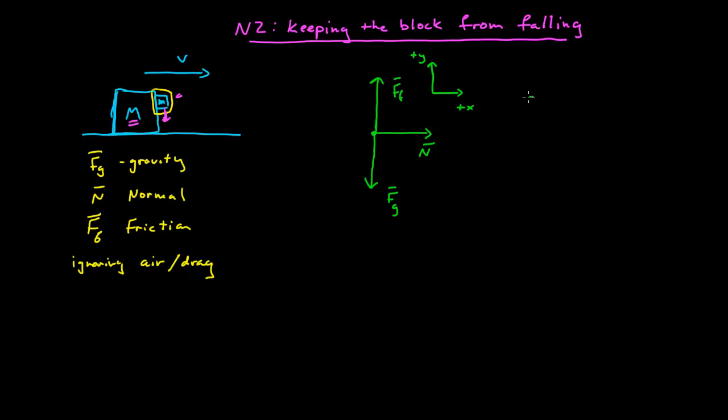So I have gravity, and it has a 0 magnitude in the x direction. It has a magnitude of mg in the y direction. That's an entire magnitude. And given my coordinate system, that's negative. My magnitude's positive, but my component is negative. Okay, so next is going to be the normal force.